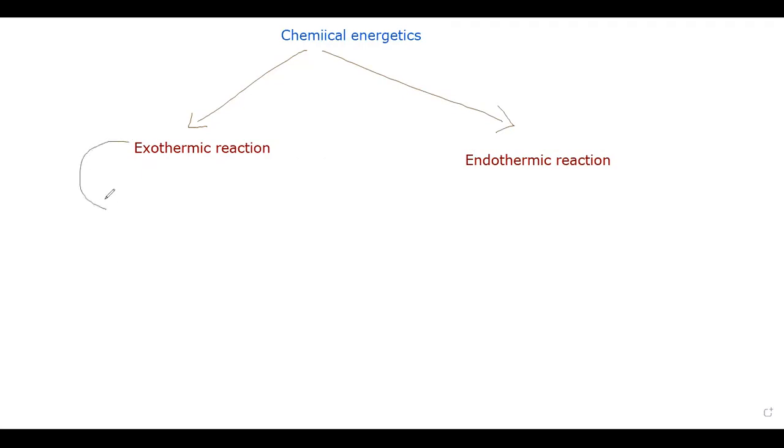What is the definition of exothermic reaction? It is a reaction which releases energy. You said energy, but as you know, from grade 4 and 5, we have different kinds of energy: electrical energy, sound energy.